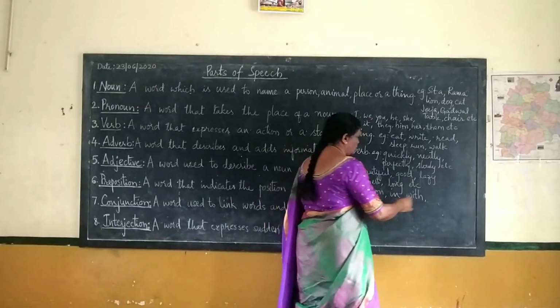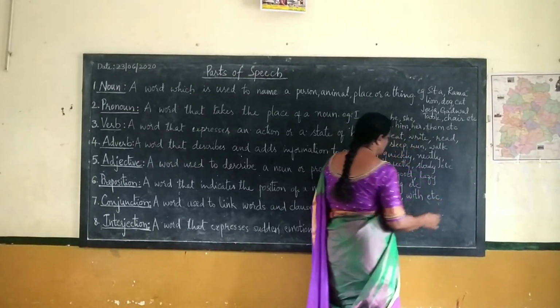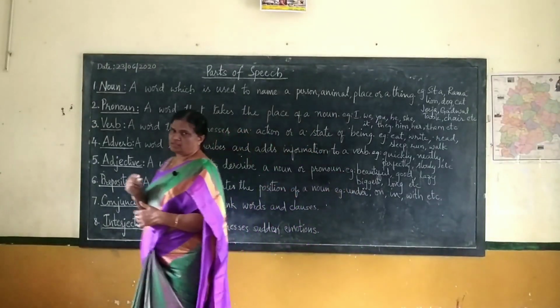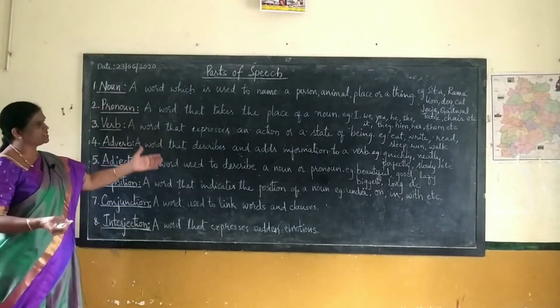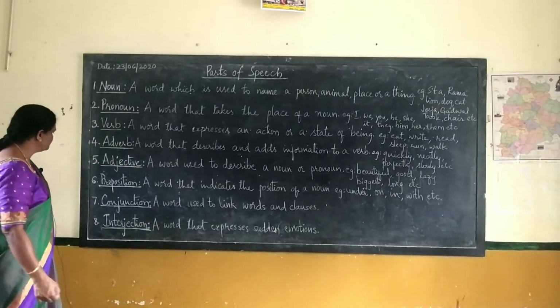All these are prepositions. So you can write in your homework, you can find a few more prepositions, and for all these parts of speech, you can add your own examples also.